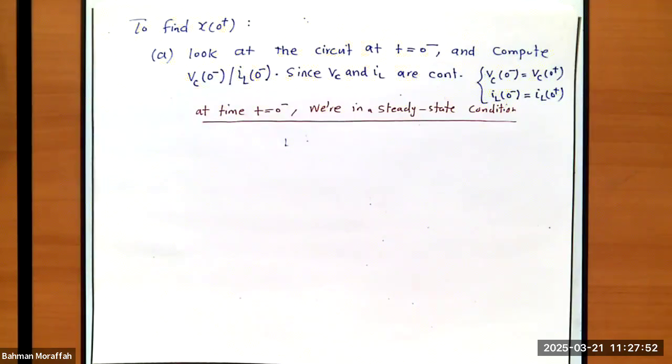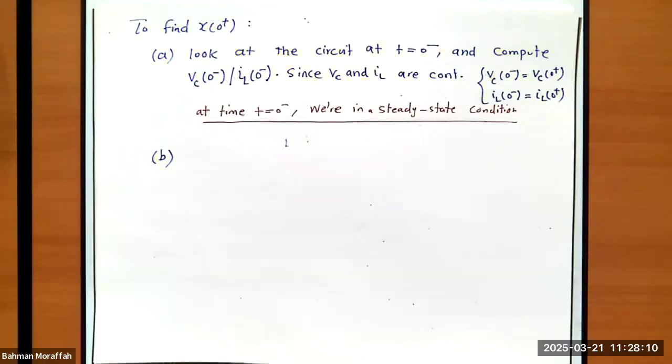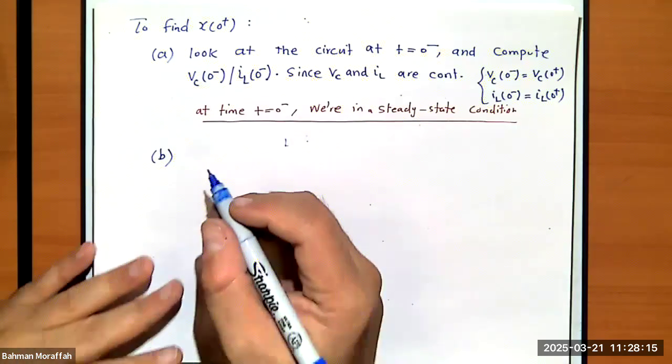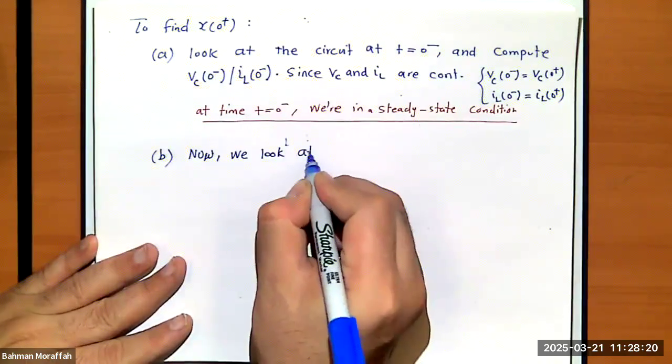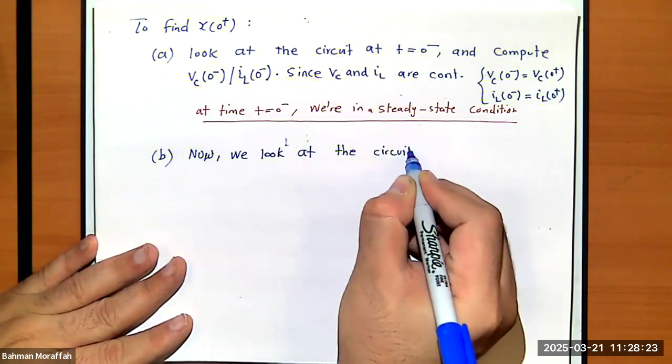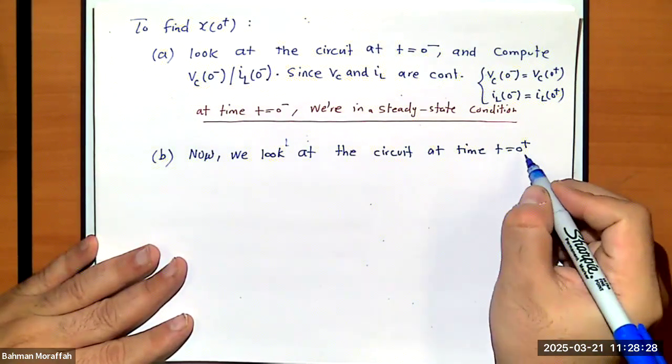Now we're going to invoke the continuity condition, which tells us voltage across the capacitor cannot jump, current through inductor cannot jump either. So I can replace my capacitor with a voltage source or my inductor with a current source. Now we look at the circuit at time t equals 0 plus.